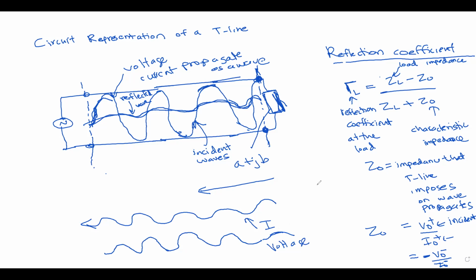You can just get the reflected voltage and reflected current and find the ratio. So that is regarding the Z naught value.